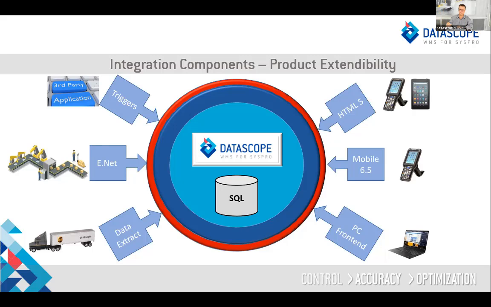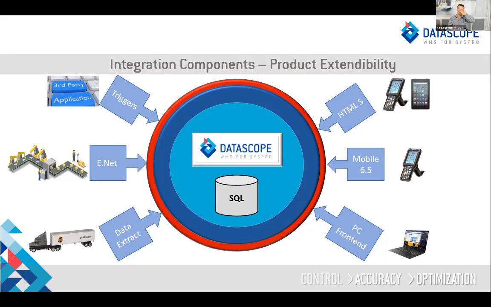We'll be talking about the normal PC front end. That will remain the same at the moment. There is no short-term view to take the current Windows platform front end, the PC front end, if I can call it that, and convert that into HTML5 at this point. Long-term, yes, but not for now. So we'll be focusing on the front end of the software and the changes we're making there.